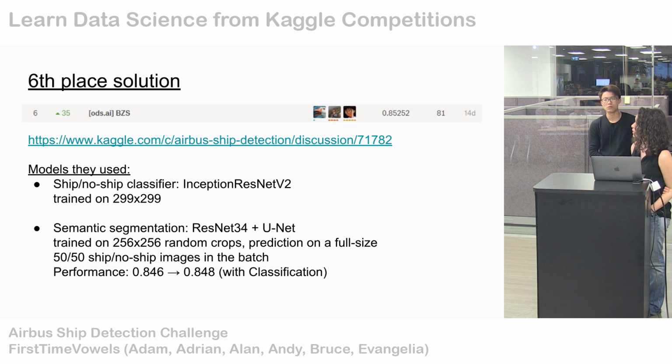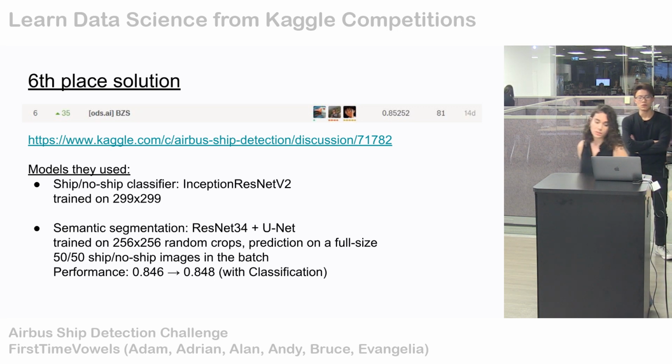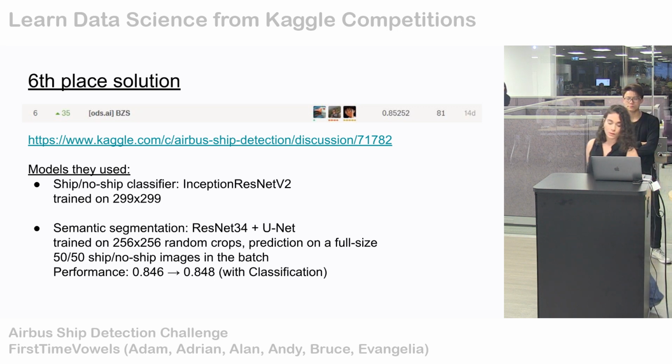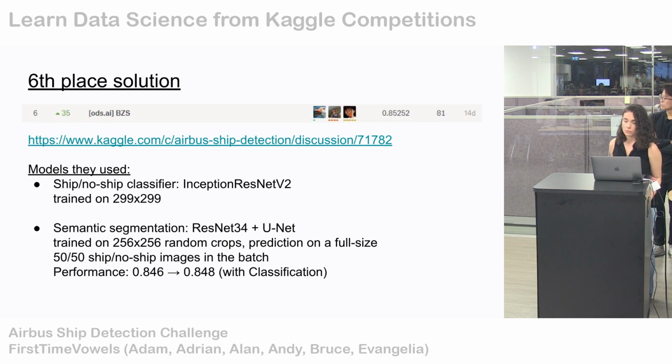We mentioned at the beginning that this was very important, especially because there were so many pictures that had no SIPs at all. And they used Inception ResNet v2 trained on pictures of 299 times 299. And then the next thing that they tried was a UNet with ResNet 34.